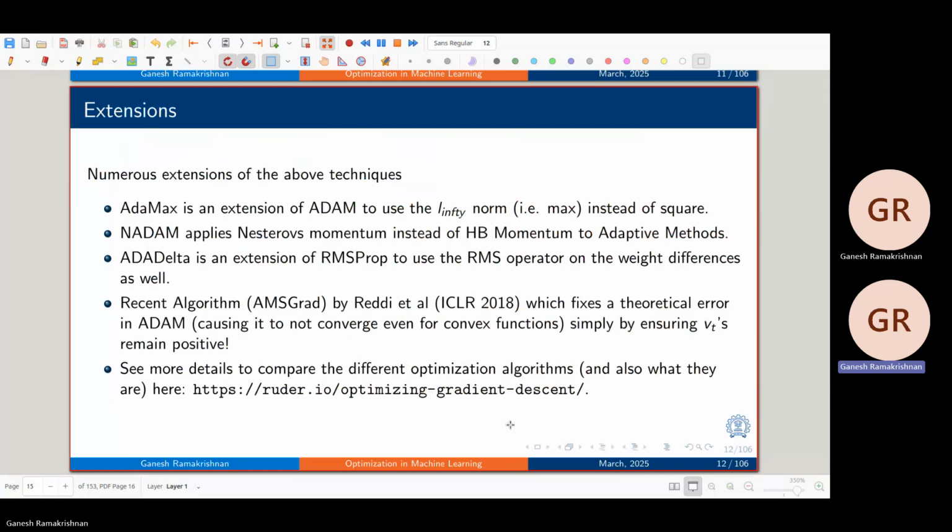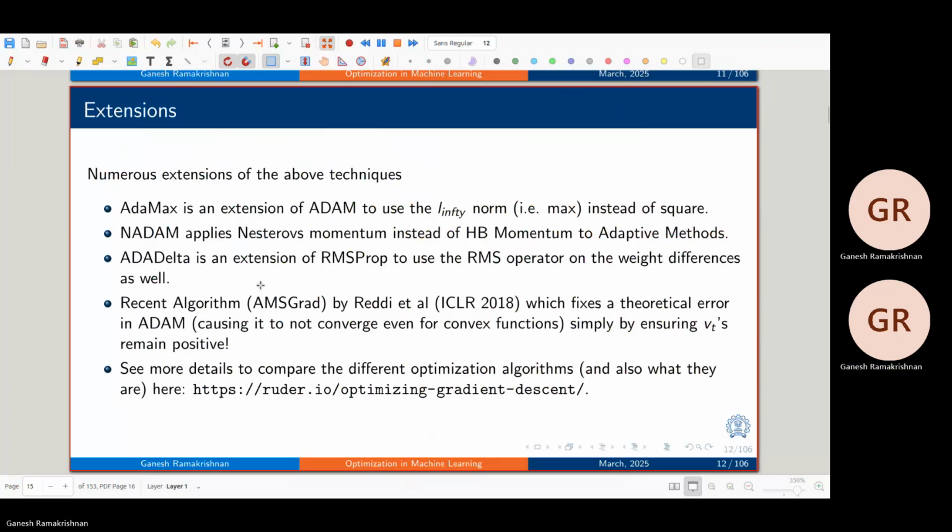Adadelta, and RMSProp. Here basically you're looking at weight differences. Think of this as beta 2 GT minus 1 plus 1 minus beta 2 GT.